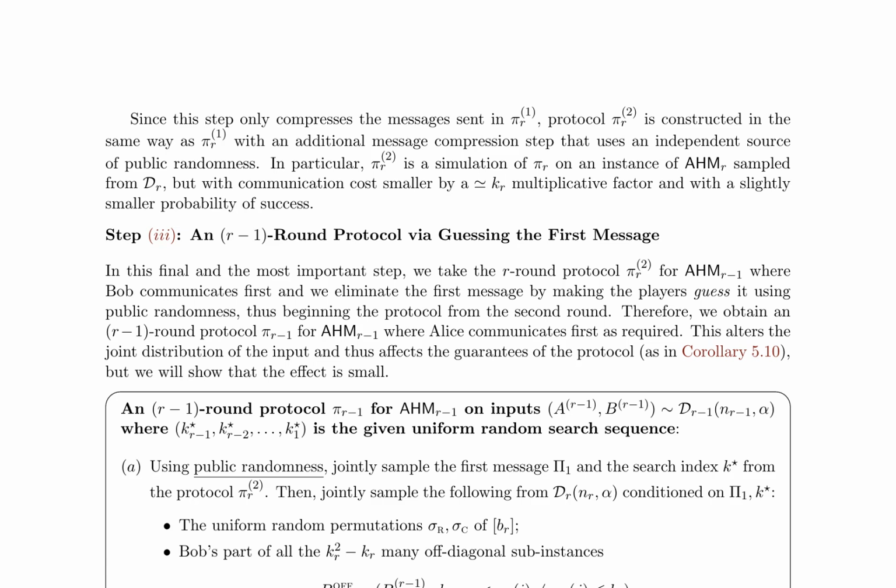The protocol pi R-1 for AHM-R-1 on inputs A-R-1, B-R-1, tilde-distributed as D-R-1, N-R-1, alpha is constructed as follows.